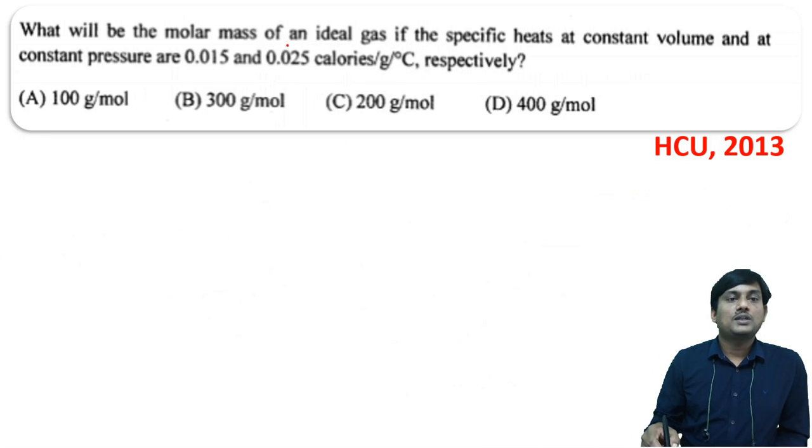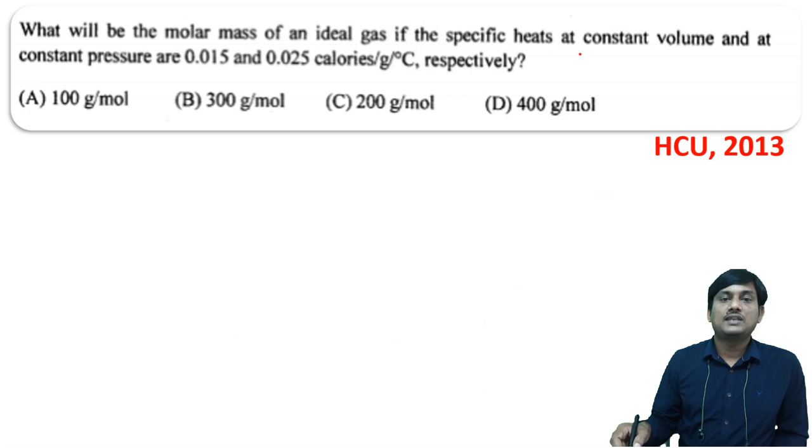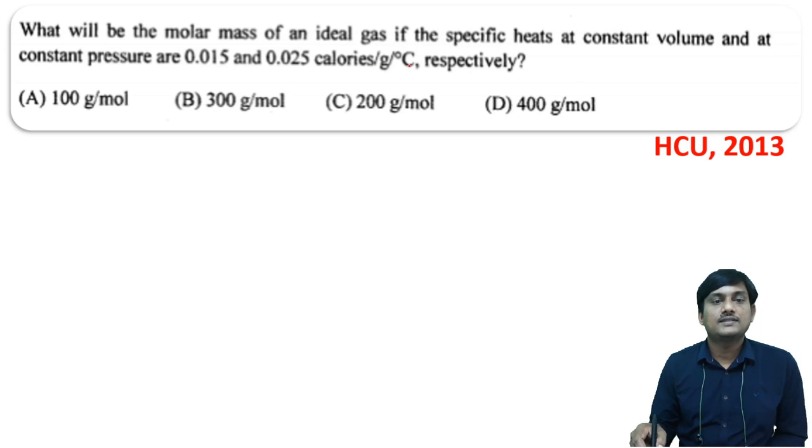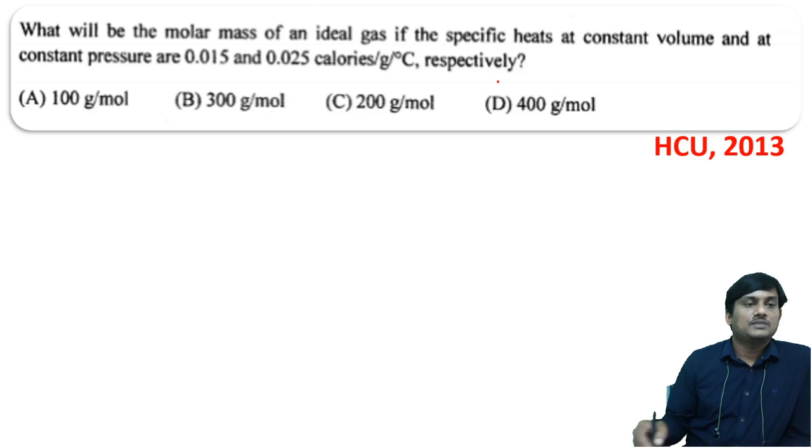What will be the molar mass of an ideal gas if the specific heats at constant volume and at constant pressure are 0.015 and 0.025 calories per gram per degree centigrade respectively?